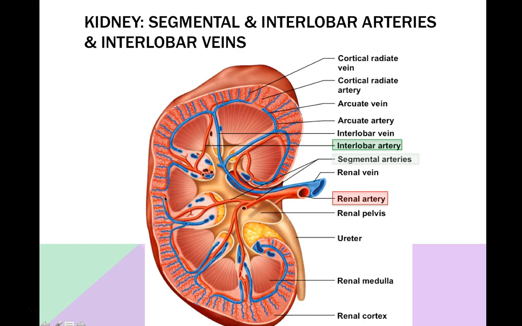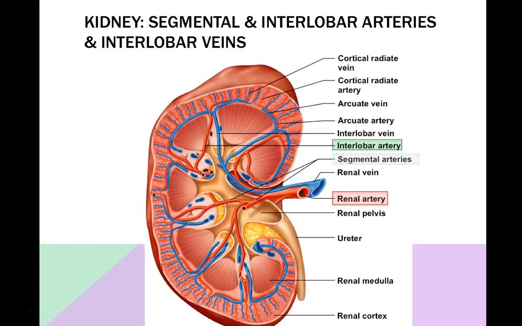Those arcuate arteries will then turn into cortical radiate arteries that will be in the region of the cortex. At this point, it will then branch into an afferent arteriole that will give blood over into our glomerulus, and at this point, filtration is going to start taking place.